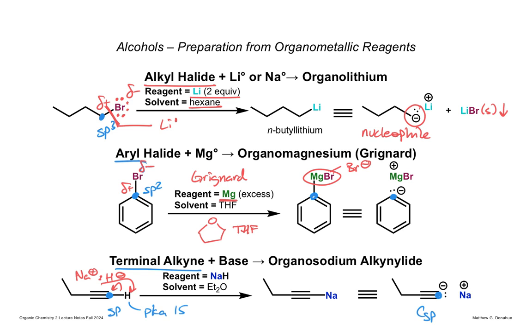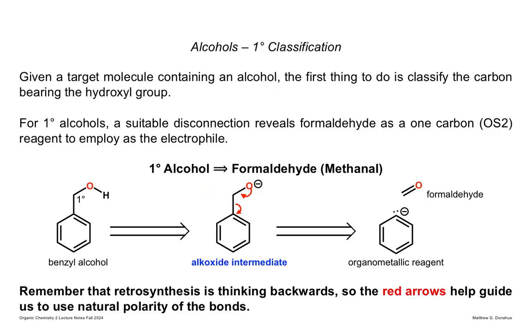And then what we'll see over the next run of slides is we're going to take some of those and react them with the different classes of electrophiles. So the first class of alcohols we'll look at making is primary.